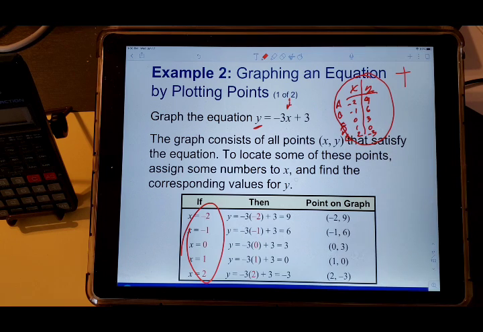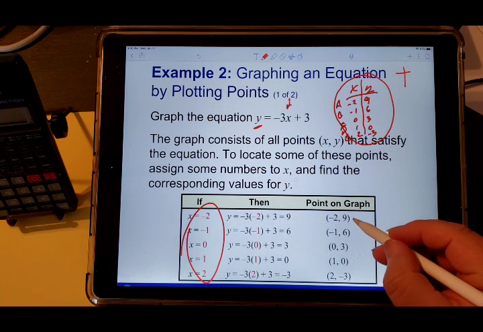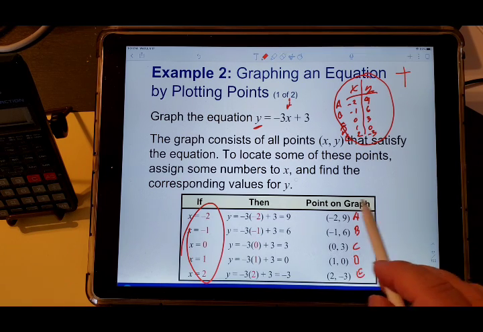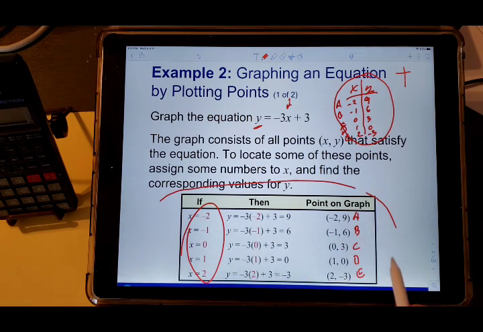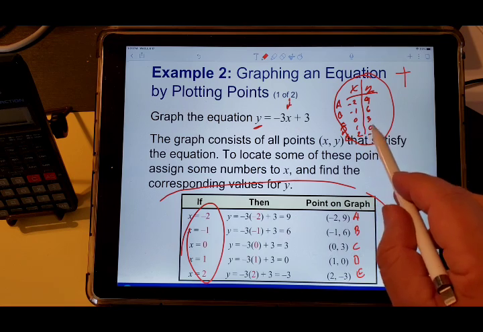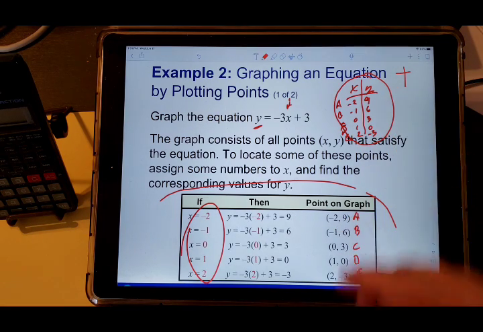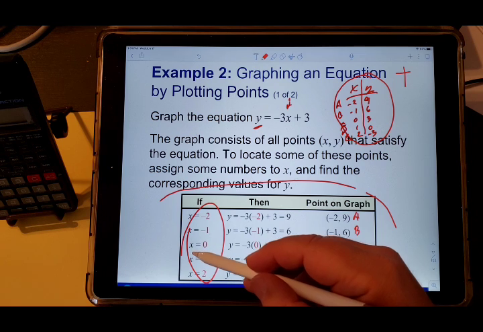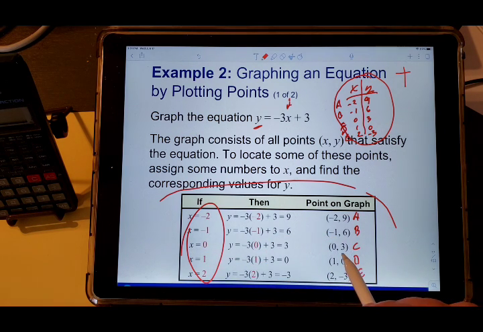A, B, C, D, E, nothing terribly fancy. Let me go ahead and write them here. A, B, C, D, E. I see the way this is done here as kind of the formal way of doing it, but making a table. And keep in mind, I picked my x values and calculated my y values. That's the key for point plotting.